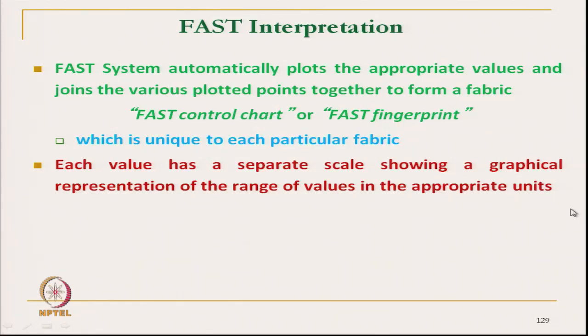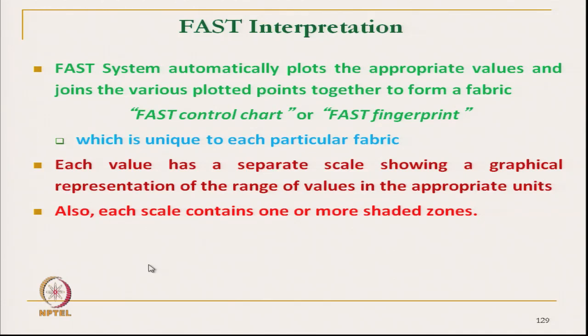So, it gives the range of the values, the minimum and maximum value it will give, and also the FAST chart is a fixed chart. Okay. So, it gives the range from minimum to maximum value, and also there is a shaded zone.